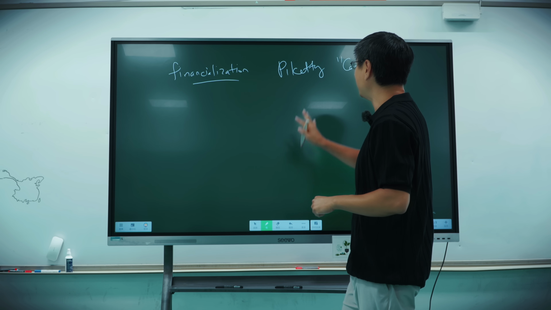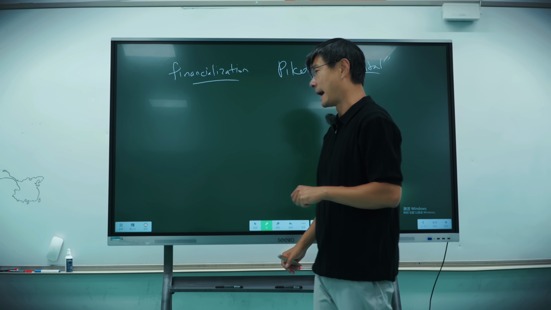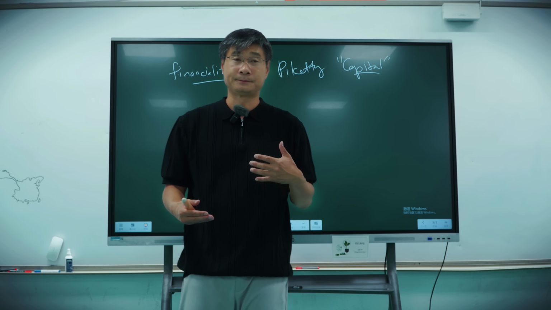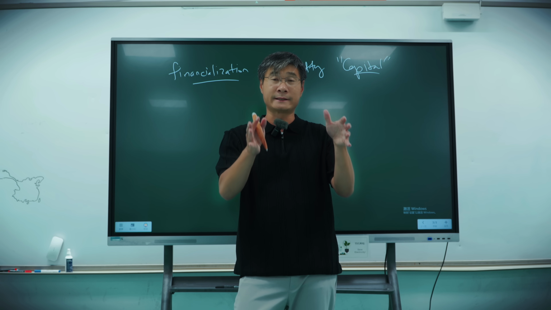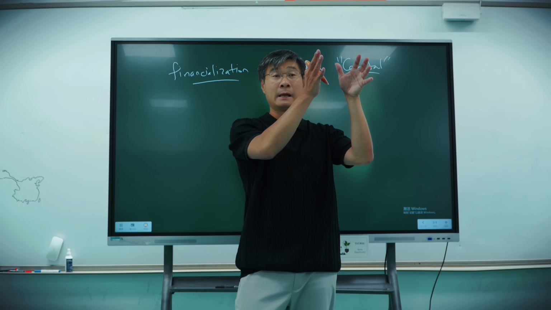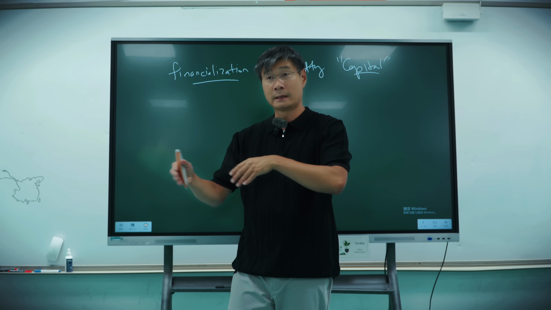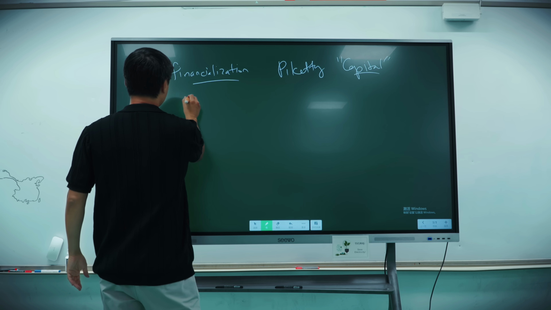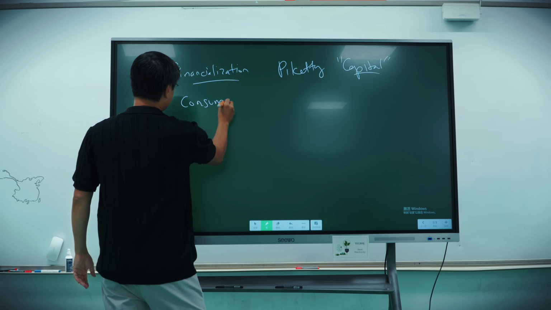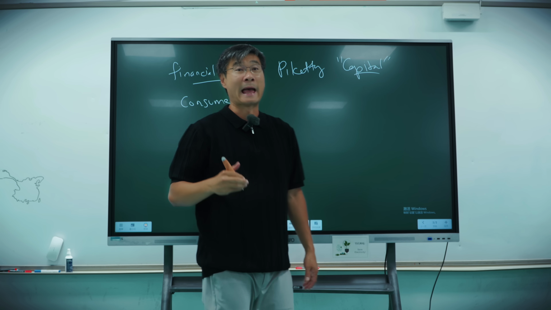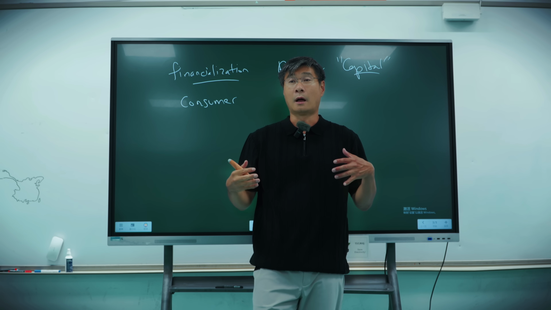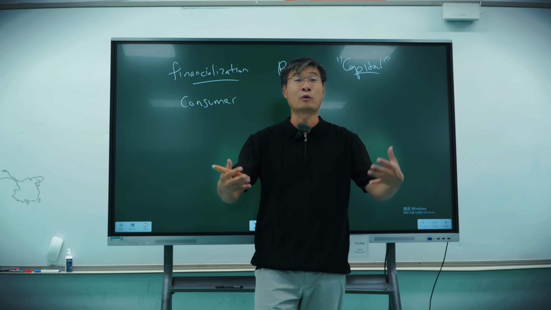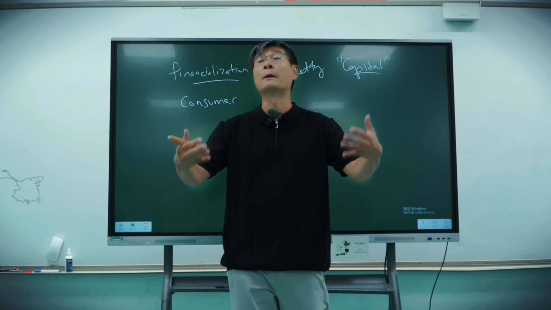What he argues is that capitalism transitions from phase to phase. In the beginning, you have consumer capitalism, meaning that what the society is trying to do is create goods that consumers want to buy.